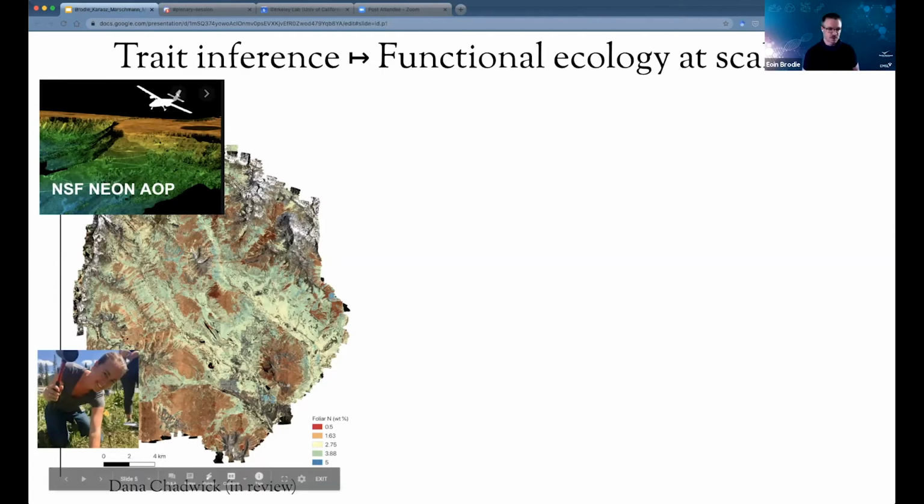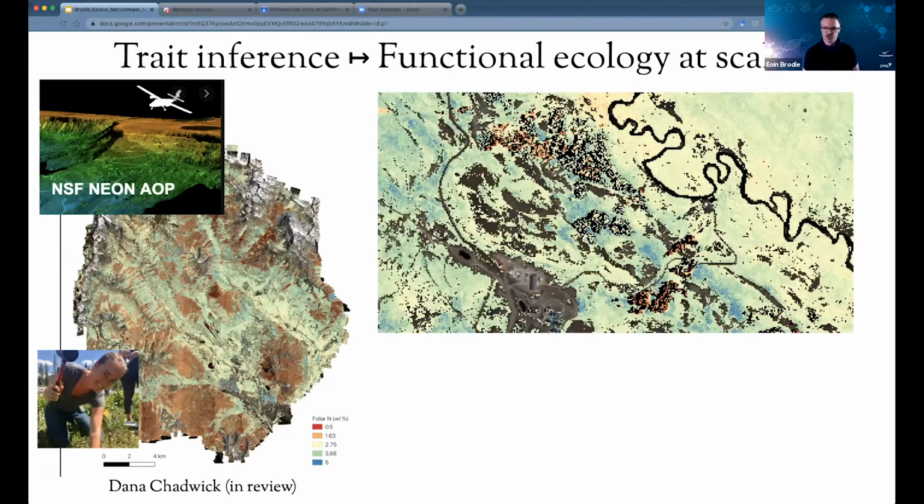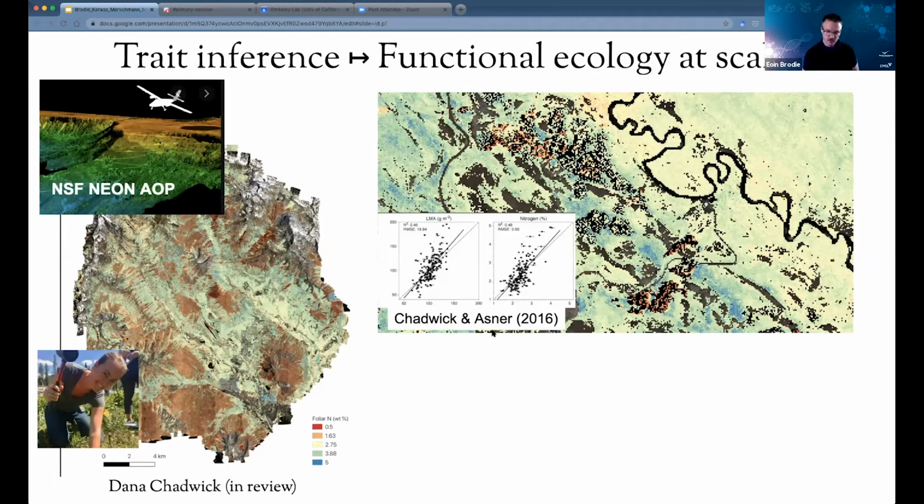Now, this is coming from spectral information on this aircraft, and this could be, in some cases, drone, in some cases, UAVs. You can zoom in closer, you can see a river here, and you can see, again, these hotspots of nitrogen acquisition in vegetation. And then when you start to provide context for this, also ground truthing, so you verify that what you're seeing via spectral information you're inferring is somewhat related to truth.